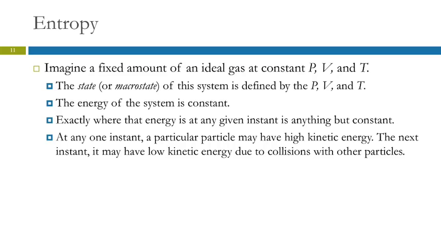But exactly where that energy is at any given instant is anything but constant, because the gas particles are moving around and they are changing their kinetic energy. The average kinetic energy is remaining the same, but when two gas particles collide, energy is conserved, but energy can be transferred from one to the other.